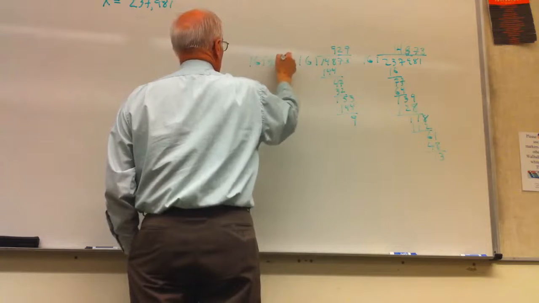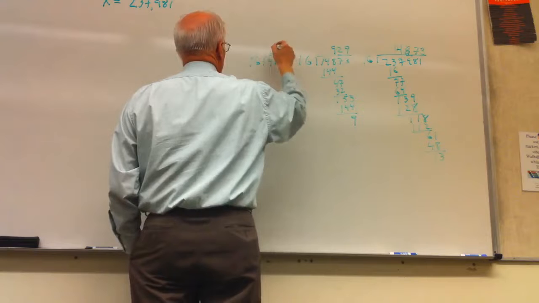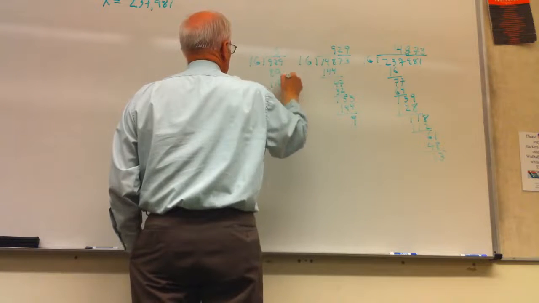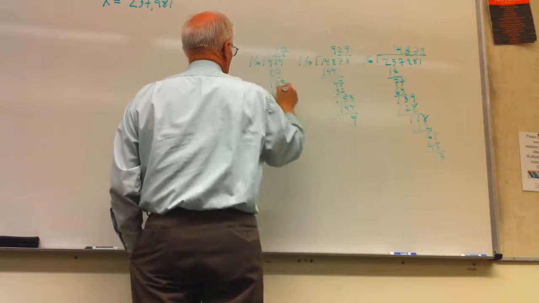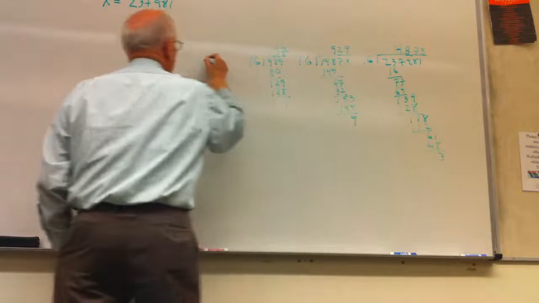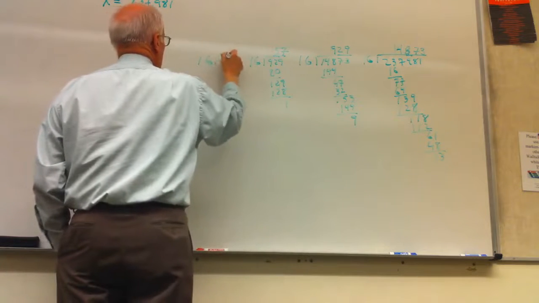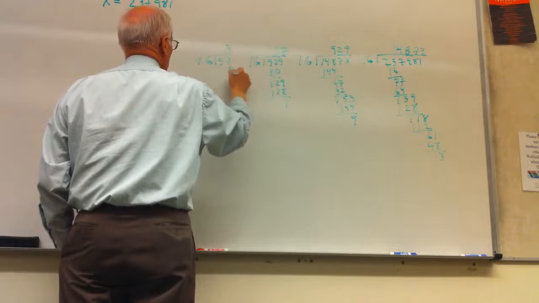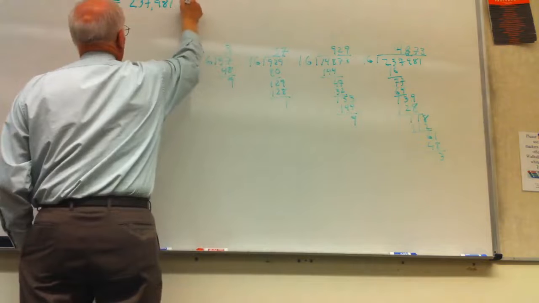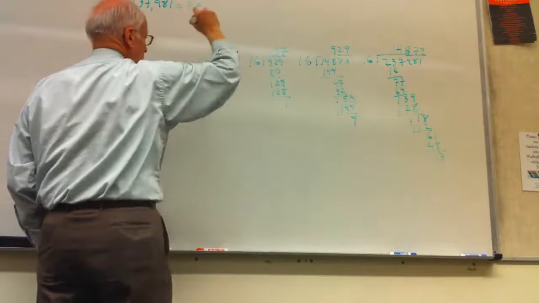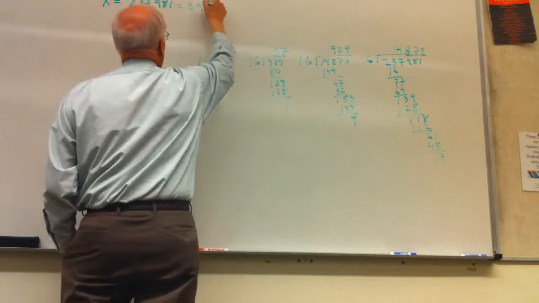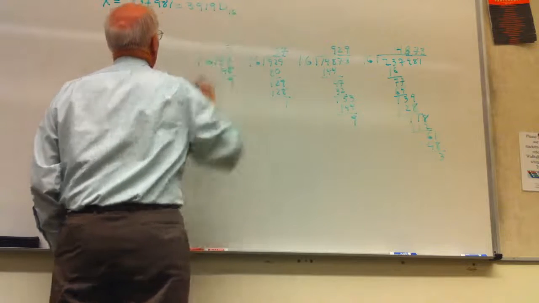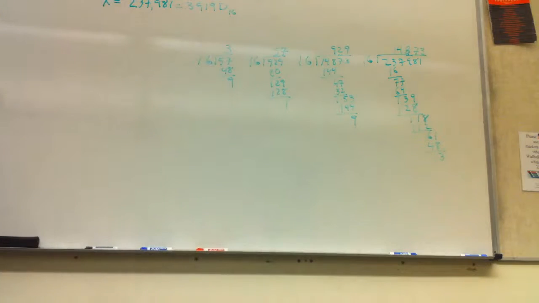And 929. And 16 into 57 is, so this is 3919D in hexadecimal.